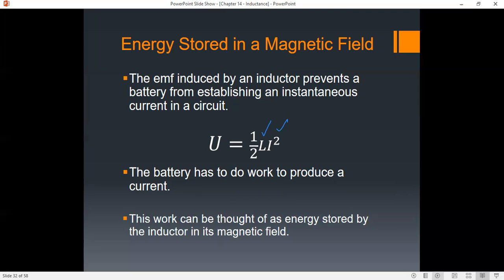And again, if we look at one of these typical circuits and we watch what the current is doing as a function of time, here I have current, here I have time. It is going to take time for energy to be transferred to that magnetic field and the current to build up more and more. And finally, when the current has reached a steady state, the current is just going to flow at a constant rate.